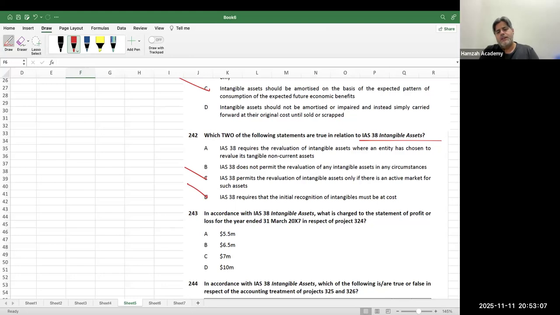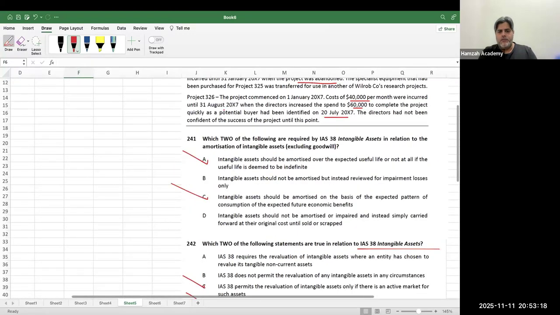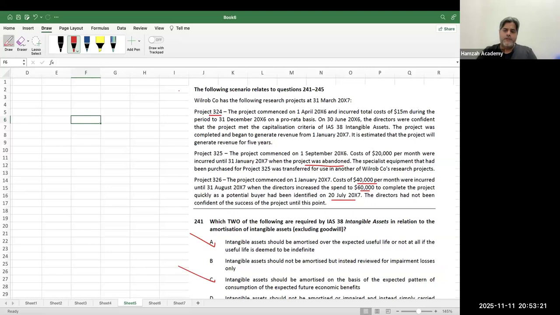Then 243. In accordance with IAS 38 intangible assets, what is charged to the statement of profit and loss for the year ended 31st March in respect of project 324? So what should be charged to the profit and loss in respect of the project here? The project incurred a total cost of 15 million. Then on 30th June, the directors were confident that the project would meet the capitalization criteria.